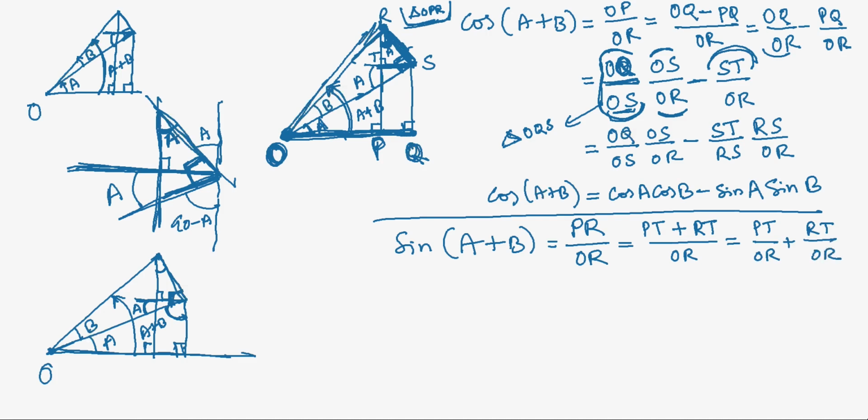So the PT is this segment, right? That is the same as the QS. So this can be written as QS over OR plus RT over OR.